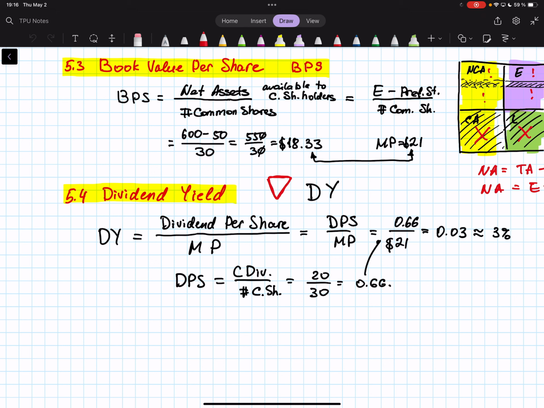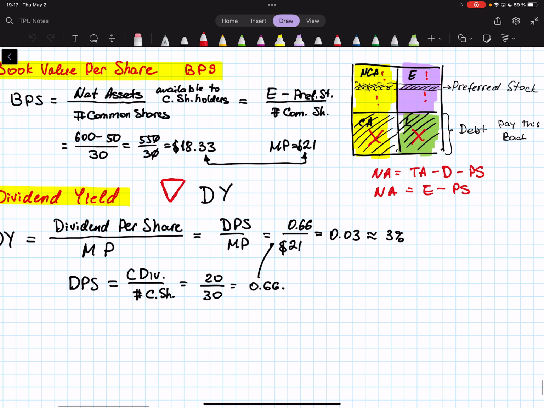So 20 divided by 30 is 0.66 cents. Well, 66 cents. Then we put it in another formula, 66 cents divided by $21. That gave us a number of 0.03, or only 3%.